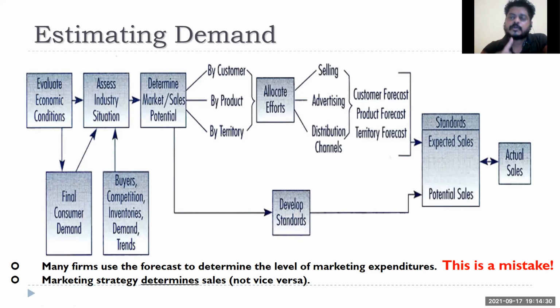But it should not be as simple as that. On top of that, you have to take into consideration how much effort you are putting in. There might be certain new markets where you did not have revenue last year, but you have put in a lot of effort, a lot of salespeople have gone there, traveled there. So you are looking at an additional 5 crore or 10 crore revenue from that market, right? That will add up to your expected sales.